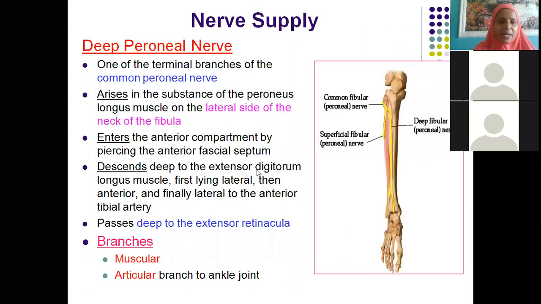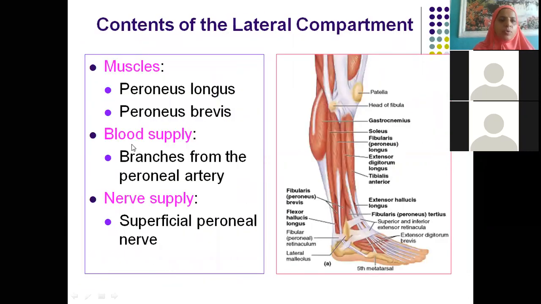Excellent. Fibular artery. So the lateral compartment is supplied by peroneal artery. Simple, like that you remember. Peroneal means lateral compartment. Muscles are peroneal muscles. Blood vessel is peroneal artery. Nerve is peroneal nerve, to be specific, superficial peroneal nerve.